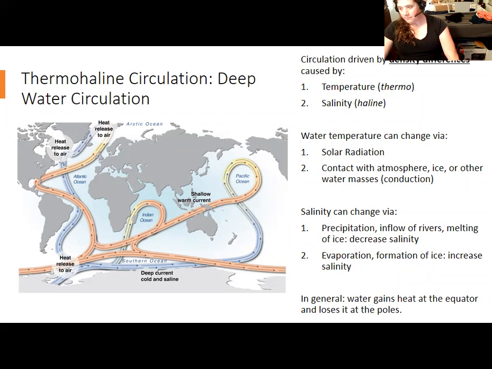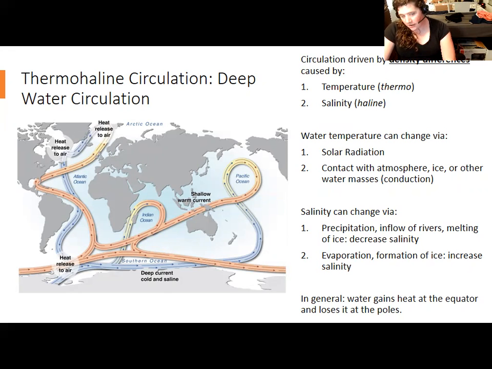Now, whenever we talk about air or water moving, a lot of it's going to be driven by gradients, by differences in pressure or differences in temperature or differences in salinity or overall differences in density. And water temperature can be changed a couple of different ways. Water can either absorb energy and change temperature from solar radiation, or it can lose it from contact with the atmosphere, with ice or other water masses through conduction, which was another method of heat transfer we talked about during the last lecture.